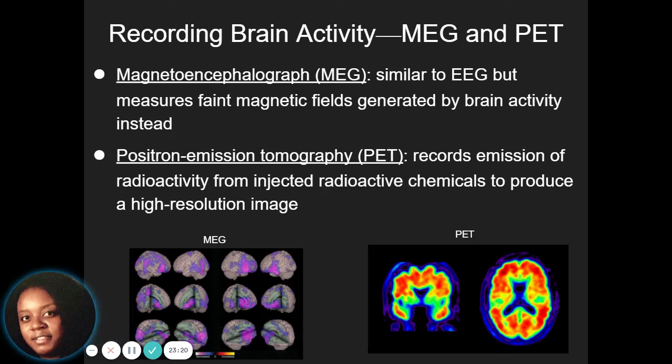An MEG and a PET scan are also two other ways to measure and record brain activity. So an MEG is similar to an EEG, but it measures faint magnetic fields generated by brain activity. So you can see those faint areas.